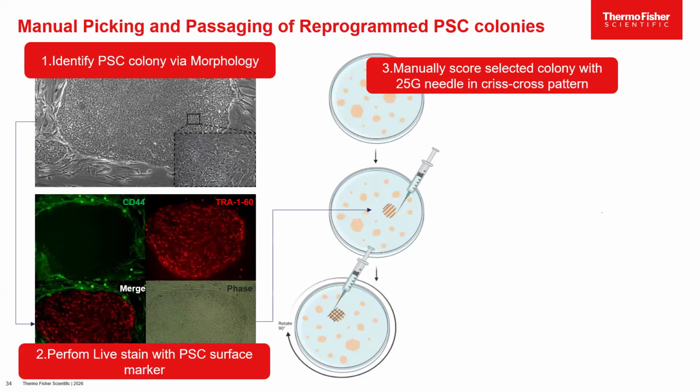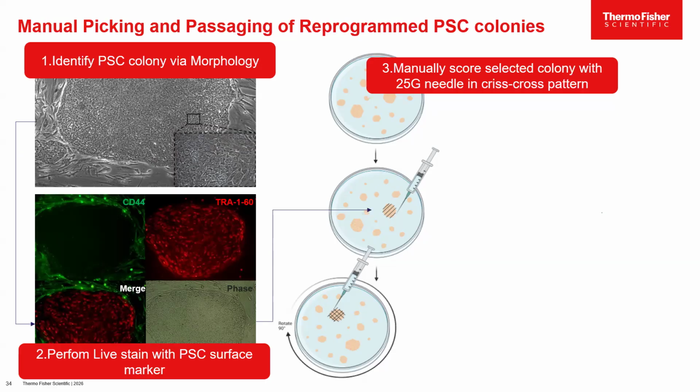So not every colony is going to look this good. But with morphology as well as some live staining, you will be able to identify roughly where your pluripotent population is and where you should be isolating these cells and picking them from.